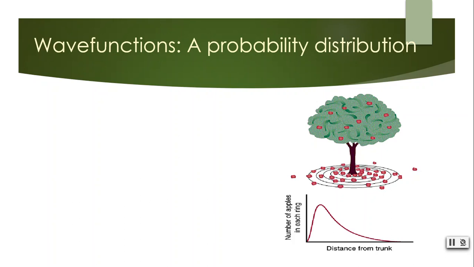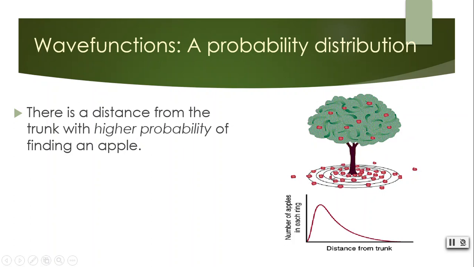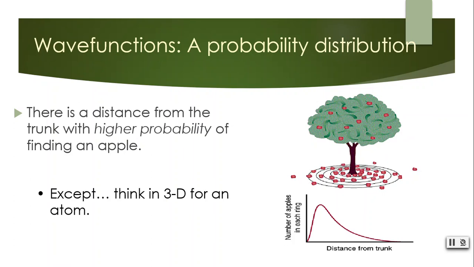I would have some sense as to where it fell based upon the distance from the trunk. So there's a particular distance from the trunk where there's a higher probability of finding an apple, obviously depending upon the tree.